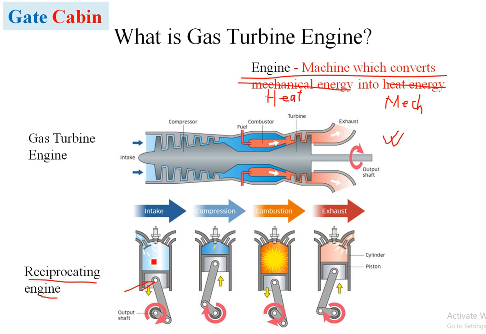There are a total of 4 cycles which we observe in the piston engine. The first is intake. It will take the air inside, and then it will put fuel in it, or sometimes we already have mixed fuel and air. The only thing we have to do is burn this fuel so that it produces a large amount of energy.